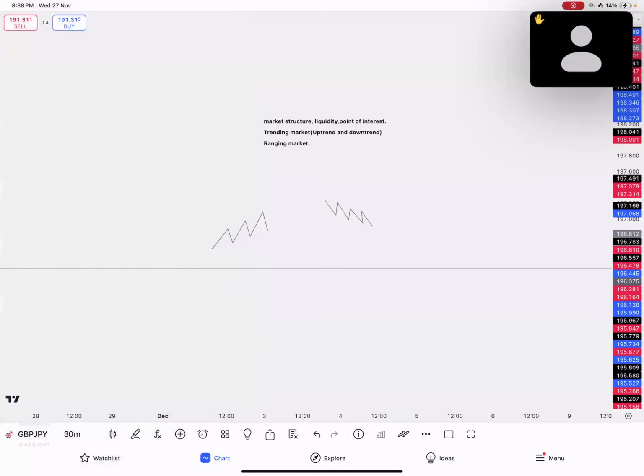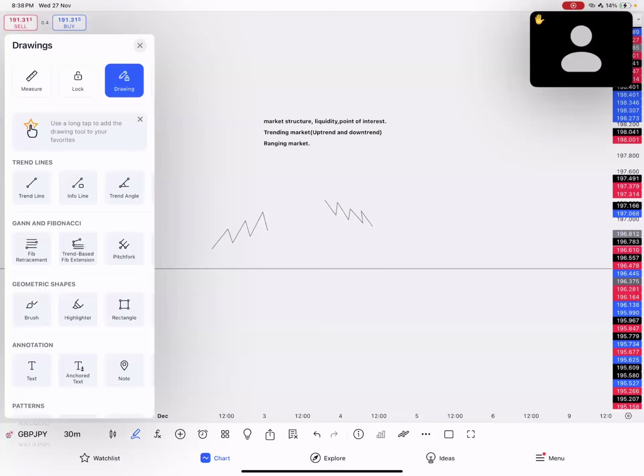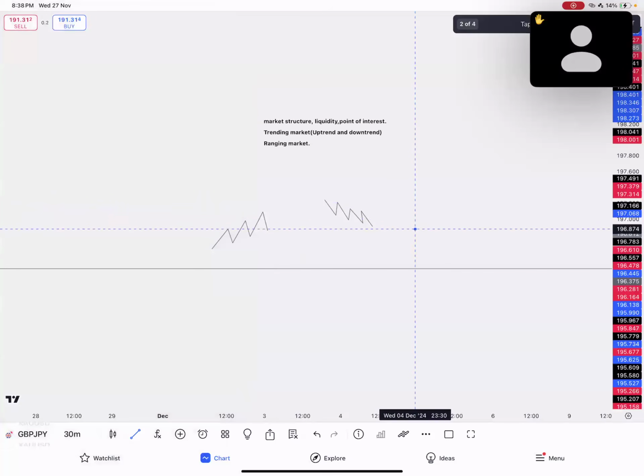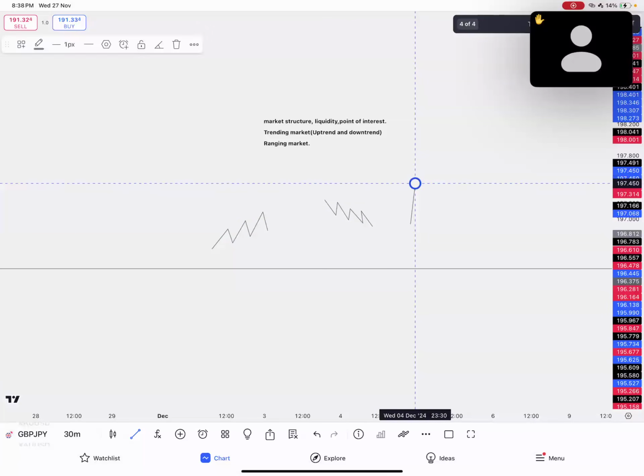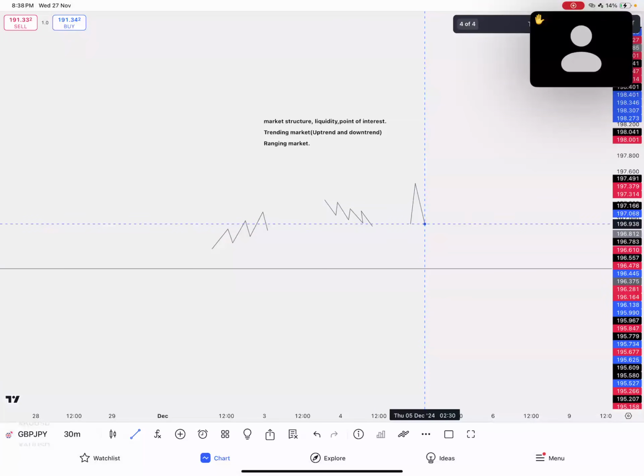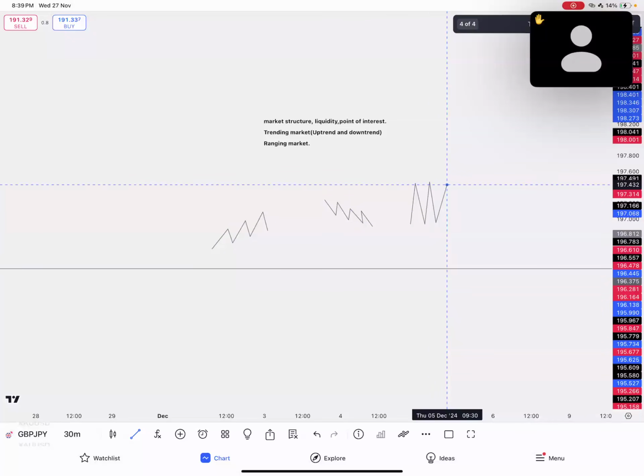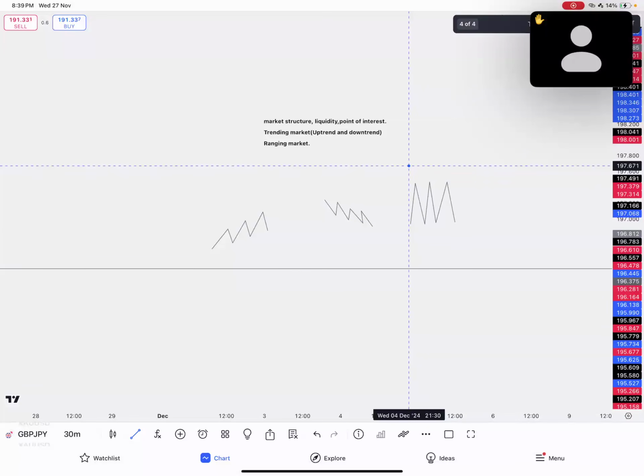Then a ranging market is when the market is consolidating between support and resistance. It's not trending anywhere, just consolidating, resistance to support, support to resistance. This is what a ranging market is.